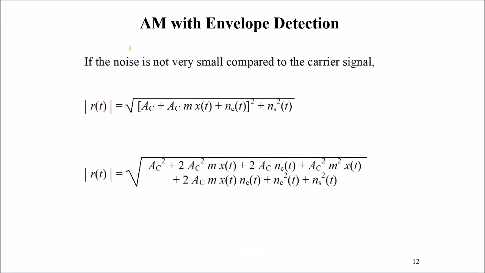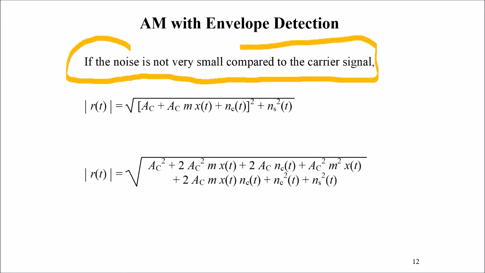Now let's consider the situation where the noise is not very small compared to the carrier. So we're not going to ignore this term NS squared. This is now the output, or the result of the rectifier. We're finding the magnitude of this resultant vector, which is going to be the square root of the in-phase components all squared plus the quadrature component squared.